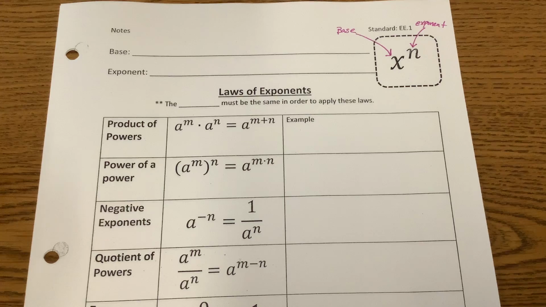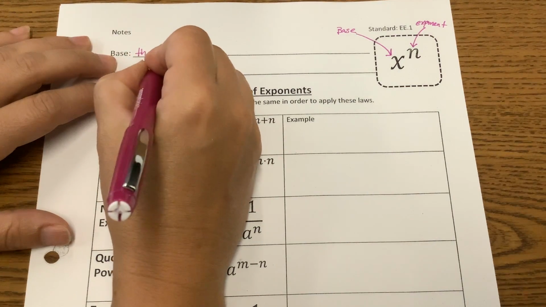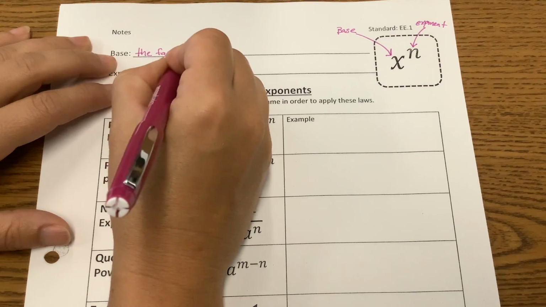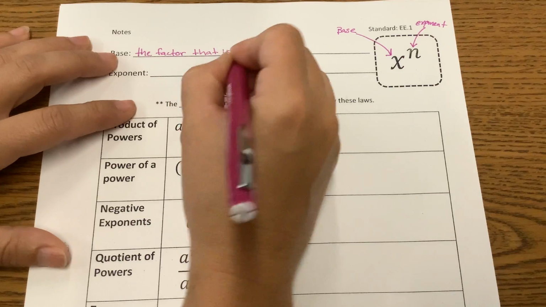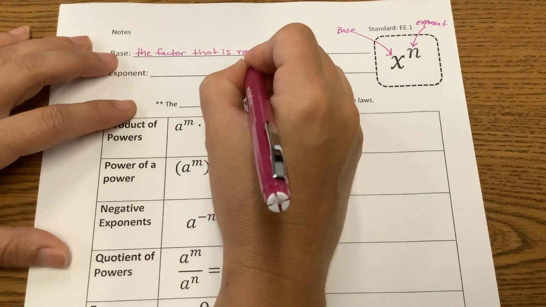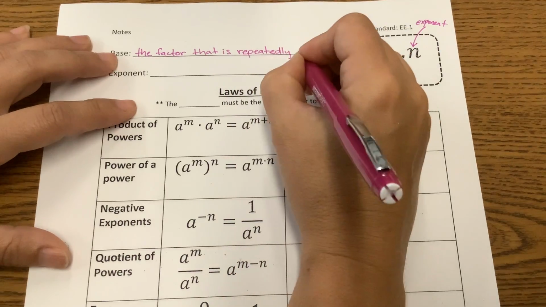All right, the base. The base is the factor that is repeatedly multiplied.